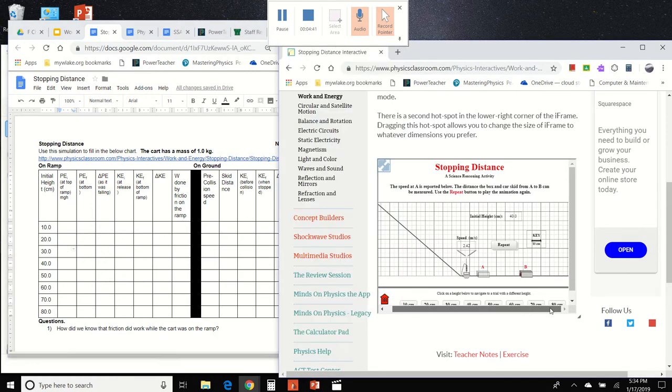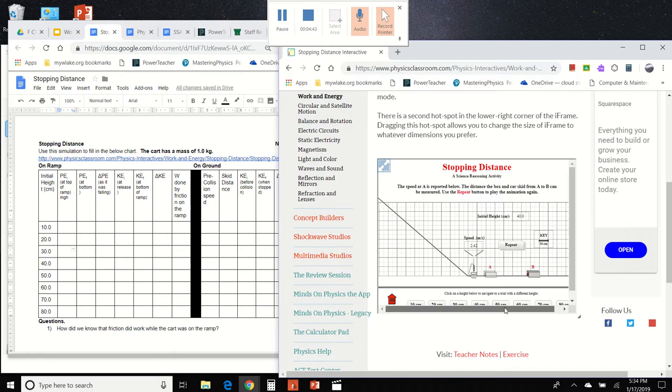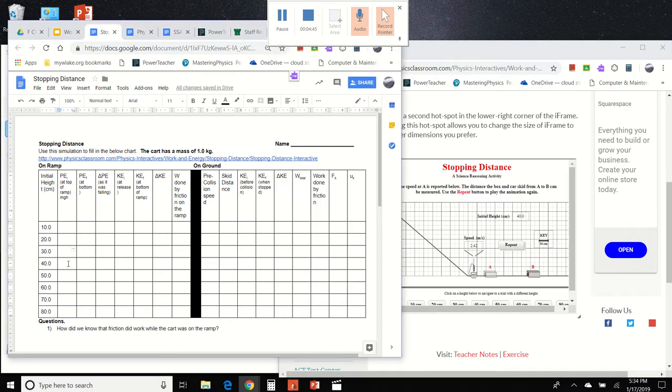I did 40 centimeters, so we'll just jump to that trial. That was just 1 times 0.4 times 9.8. So you wind up with 0.4 times 9.8, which gets me 3.92 joules.